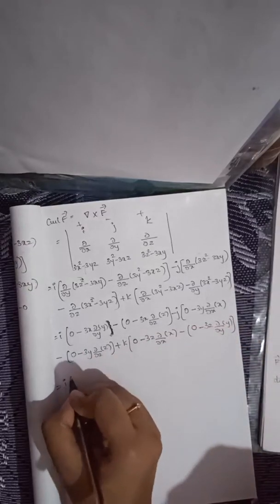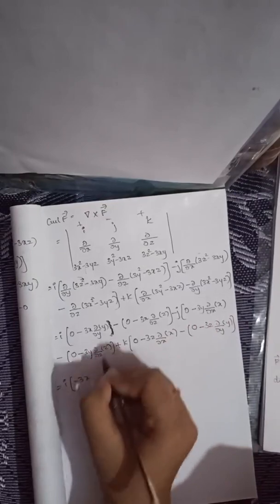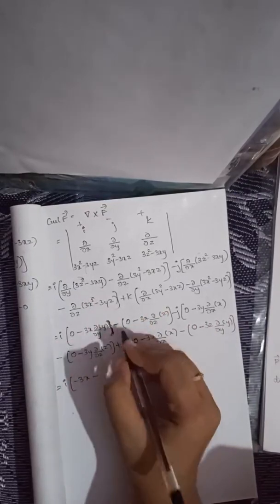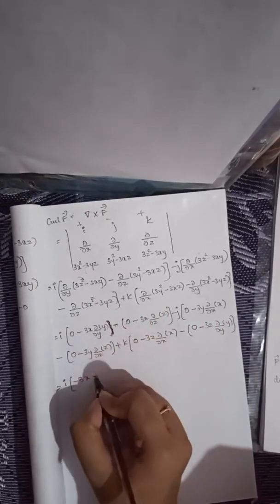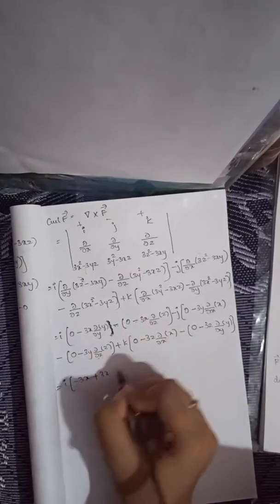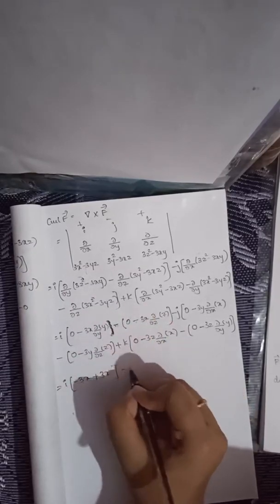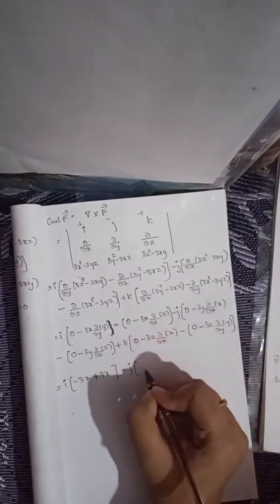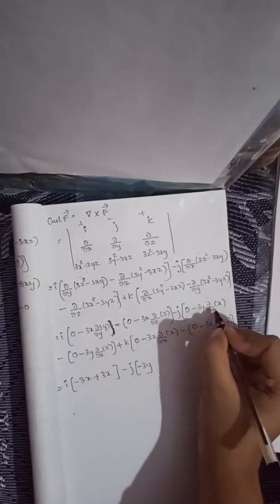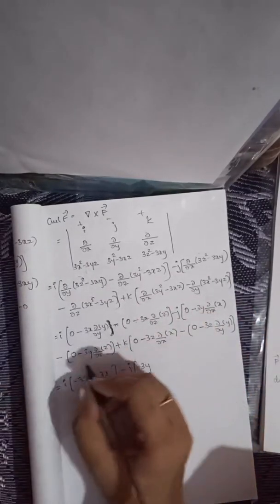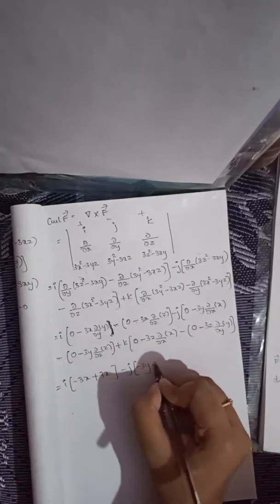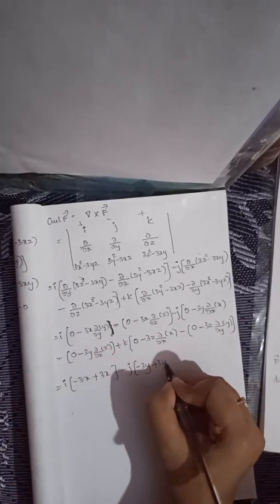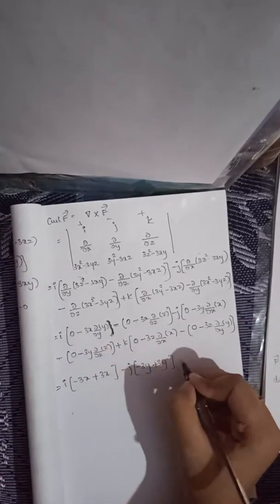So finally you get minus 3x, y with respect to y is 1, minus into minus is plus 3x, z with respect to z is 1. Minus j into minus 3y, x with respect to x is 1, so I am not writing that, here minus into minus again plus 3y, z with respect to z is 1.